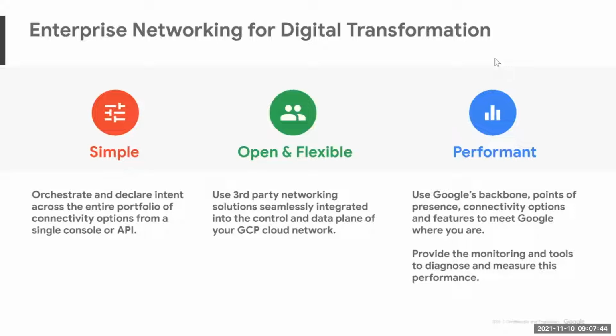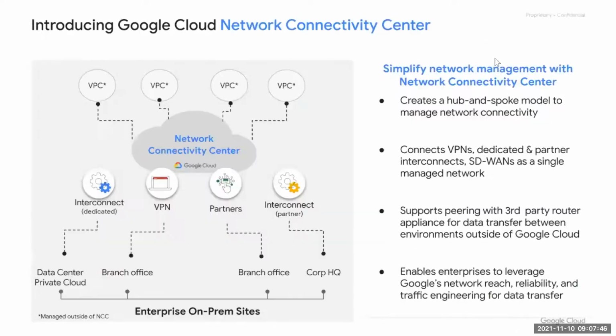So what is the vision that we see for our enterprise networking customers, and how are we trying to address their needs there? Well, Network Connectivity Center is an extremely critical part of that journey.